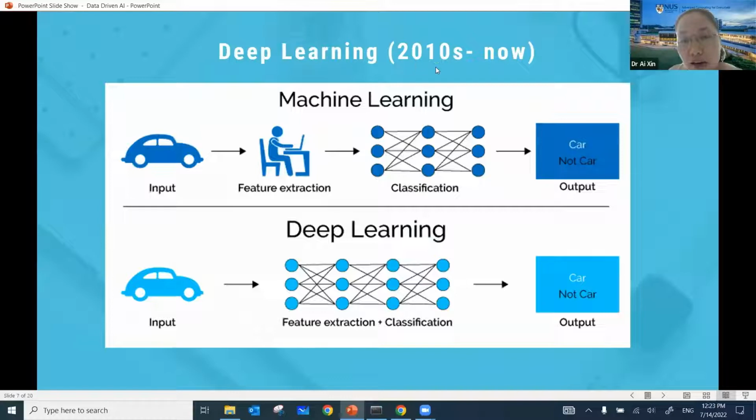Then around 2010, there was another revolution in the AI industry, which is mainly driven by deep learning technology. Deep learning is actually a subset of machine learning technology. Deep learning is the machine learning model which is using neural networks.